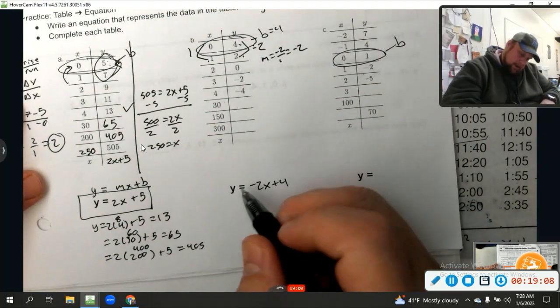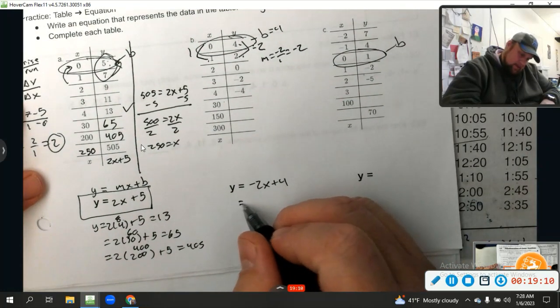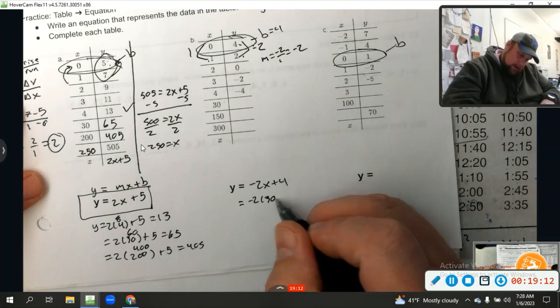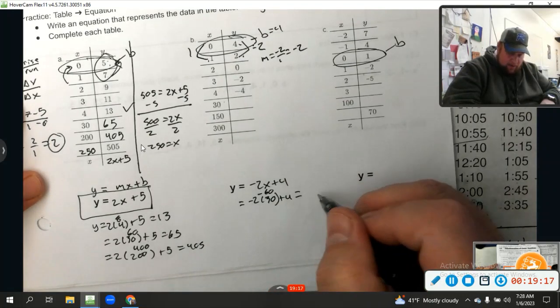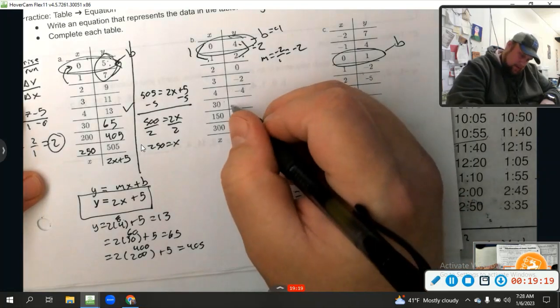Let's plug some in. Equals negative 2 times 30 plus 4. Negative 60 plus 4 is negative 56.